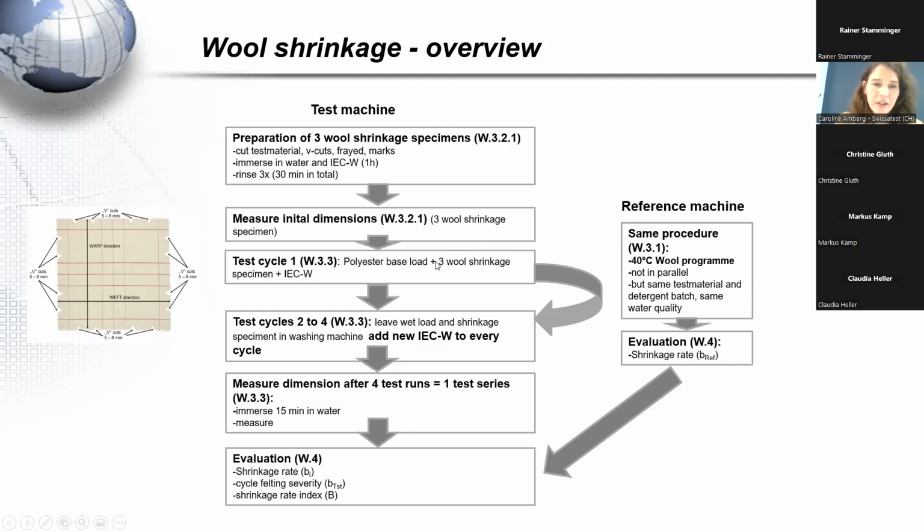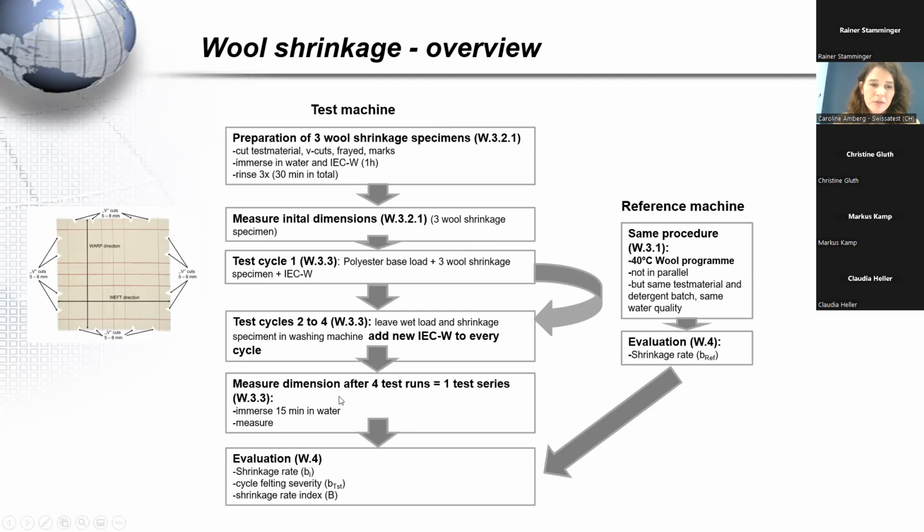So you have cycle 1, you load the machine with the base load, the shrinkage specimens and the detergent. And then you have test cycles 2 to 4, where you just add new detergent and leave the base load and the shrinkage specimens in the machine.